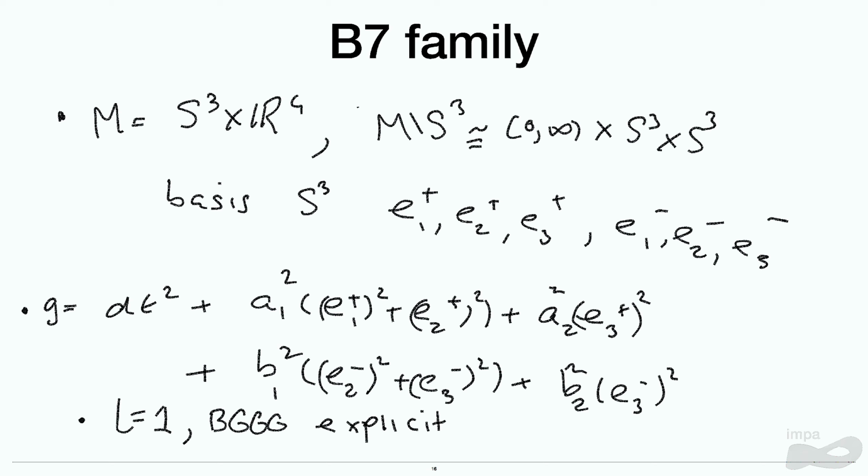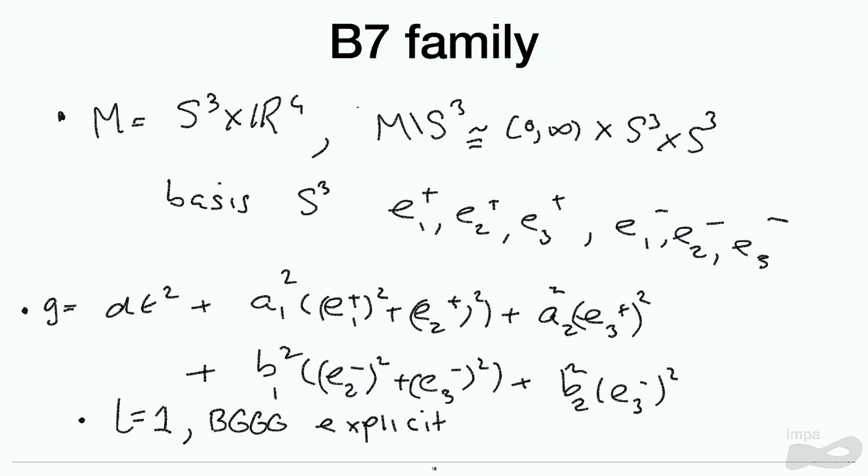Okay, and the metric. Like I said, M is S3 times R4. In our previous description, I take out this copy of S3, S3 times 0, and I have something that's diffeomorphic to the infinite interval times S3 times S3. I choose a standard basis of SU2, but I'm doing this push-forward thing that I said before, this plus and minus, where I'm taking the diagonal and anti-diagonal embeddings, e1, e2, e3 plus and e1, e2, e3 minus.